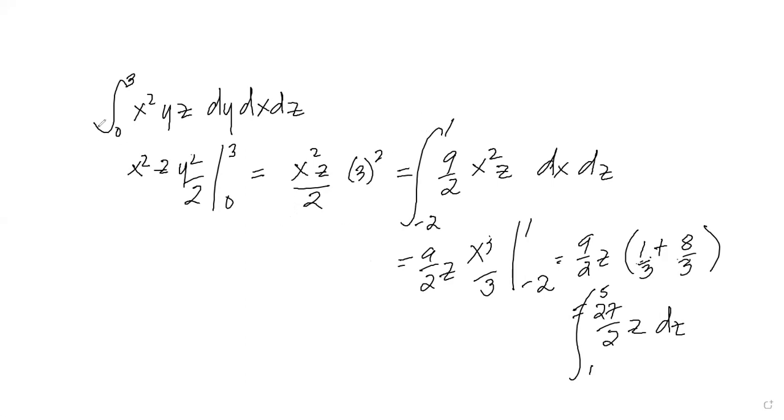I did not just write it here because I keep on forgetting the limit. So if you're going to complete this one, this should be negative 2 to 1, and this should be 1 to 5. Okay, in here, you should have 2, and you should have another integral here, which is negative 2 to 1. Okay, I'll erase this.